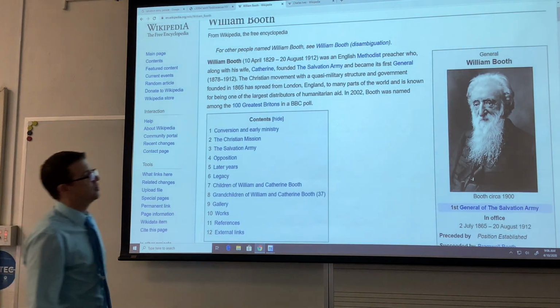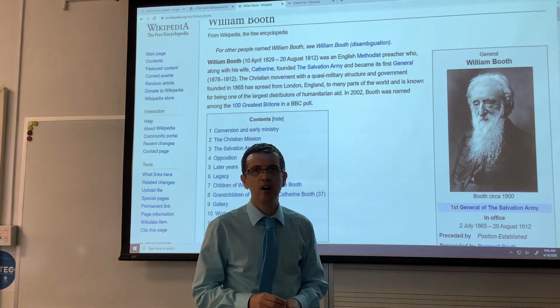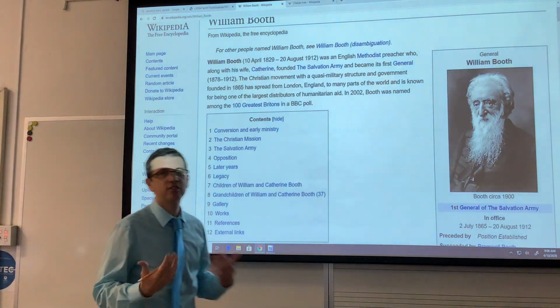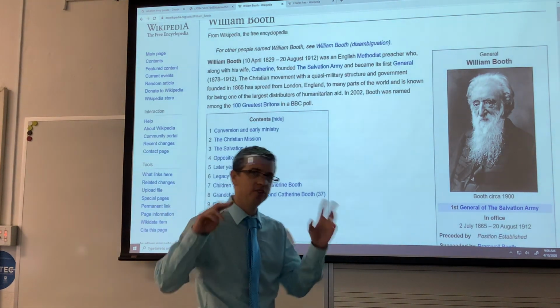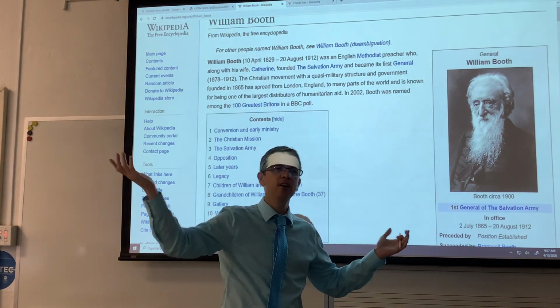General William Booth is an English preacher who started the Salvation Army. When he started it, the idea was that it had a sort of pseudo-military command structure, right? He was the general of the entire Salvation Army.